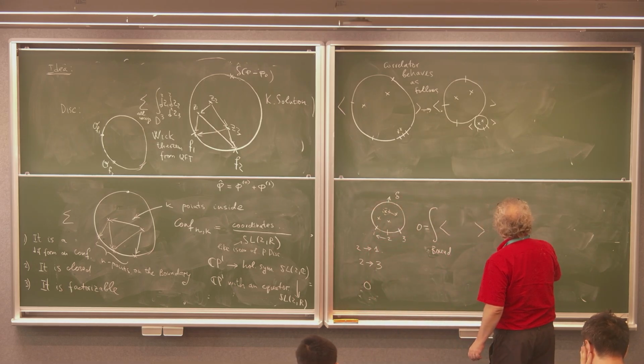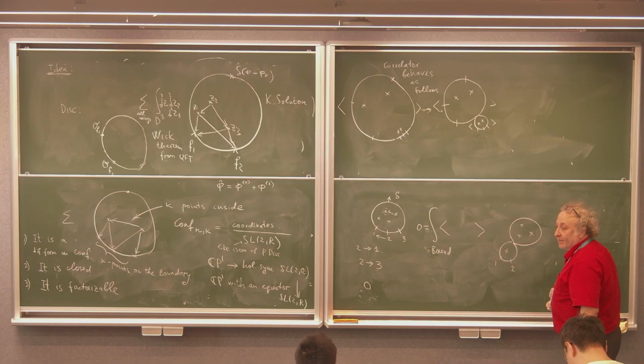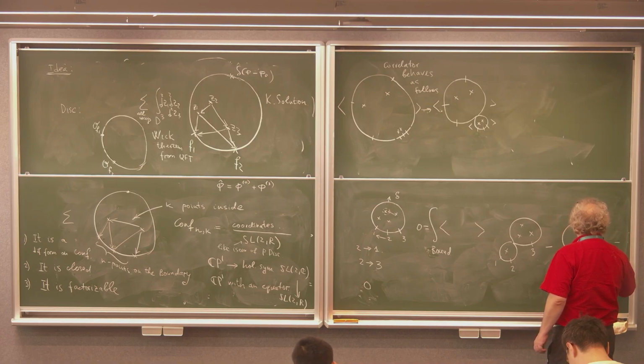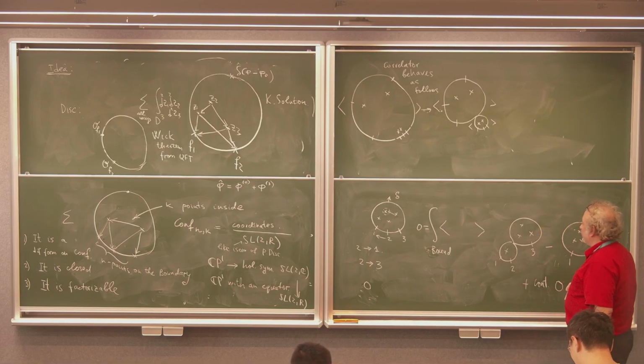Due to factorizability, it is 1 times 2, and any number of internal points, plus, or actually the sign here is minus, minus here is 3, minus 1, here we have 2, 3, plus the contribution of this component, equals 0.